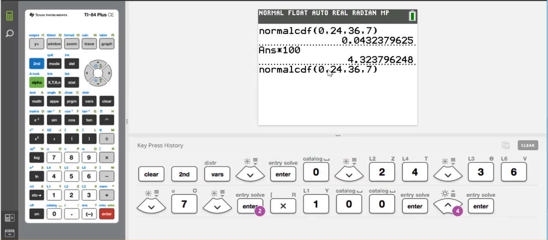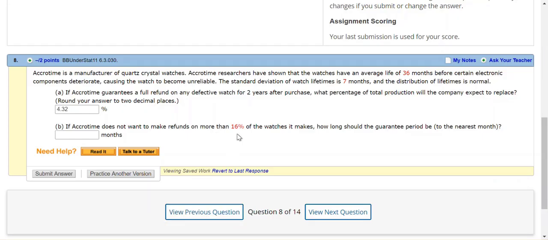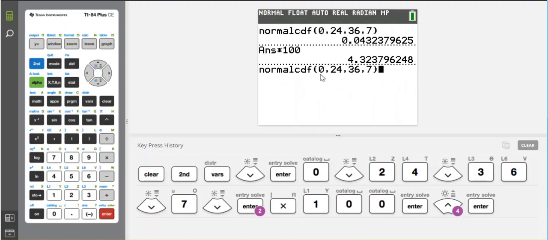This high number, we don't know, but we want the outcome to be 16%, so 0.16. We'll have to change the high number because we don't know what it is. And then this is the mean, and then the standard deviation of 7.